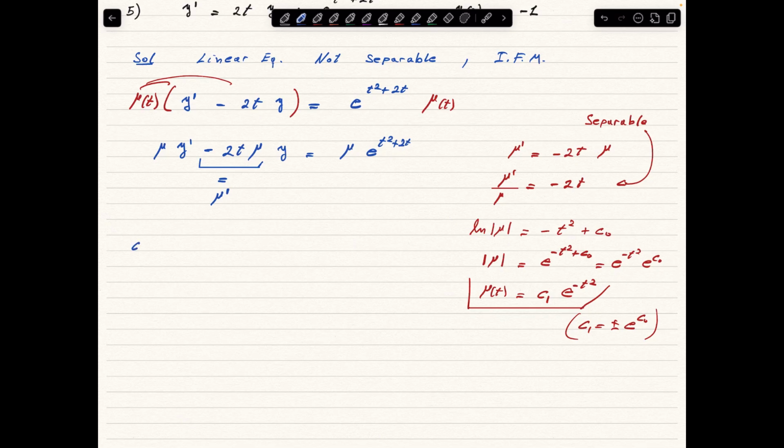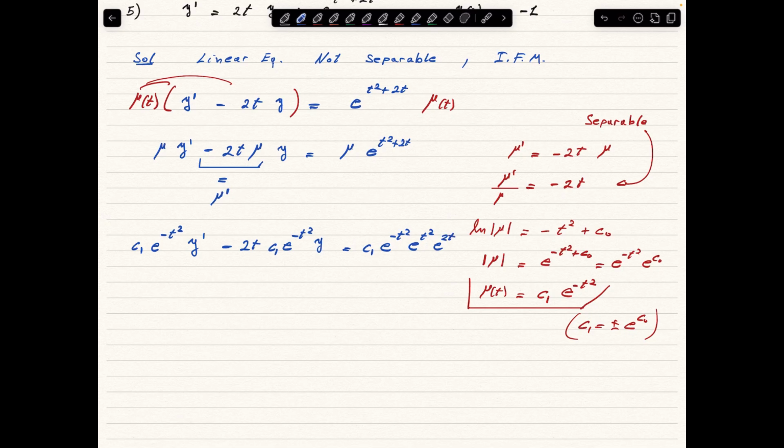We have here c1 exponential negative t squared multiplied by y prime minus 2t c1 exponential negative t squared y, and over here we have c1 again, exponential negative t squared times exponential positive t squared times exponential, I'm splitting that exponential, 2t.